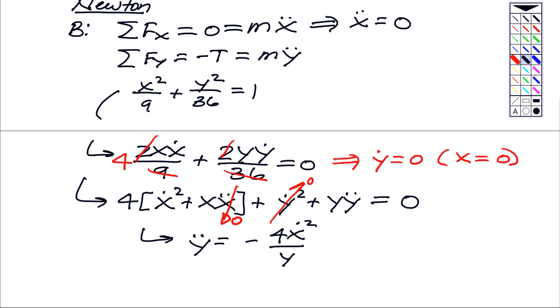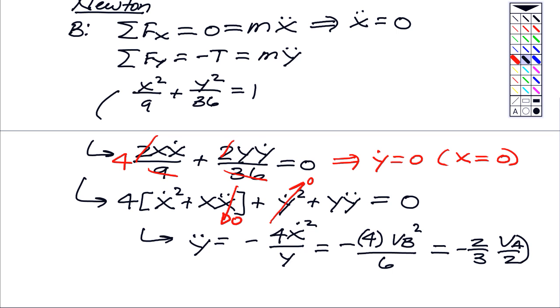That's equal to minus 4 times VB squared, divided by y, which at this position is 6. That ends up being minus 2/3 VB squared. One more step: VB is equal to VA divided by 2, squared. So y double dot is minus VA squared divided by 6.